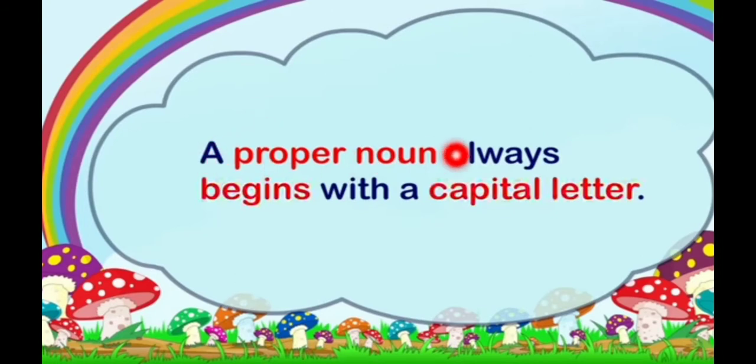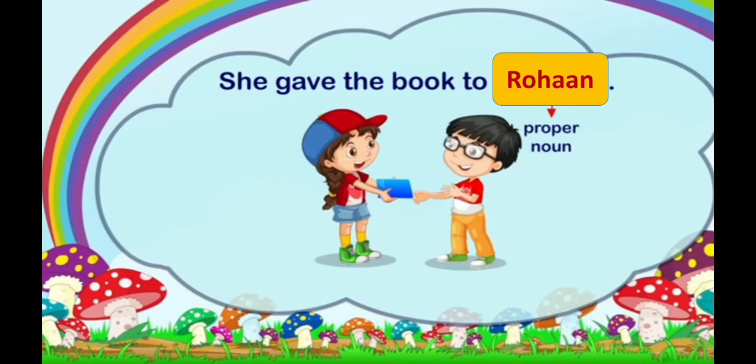A proper noun always begins with a capital letter. It means we always write proper noun with a capital letter in the sentence. Let's see an example of this. She gave the book to Rohan. She, S is capital here because it is the first letter of the sentence. There is a full stop in its end.